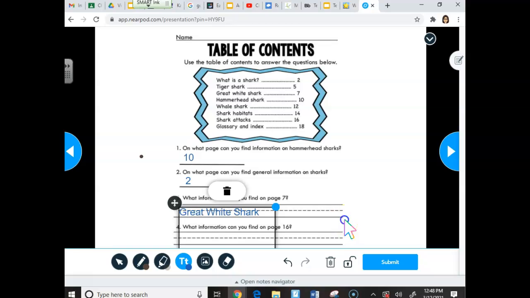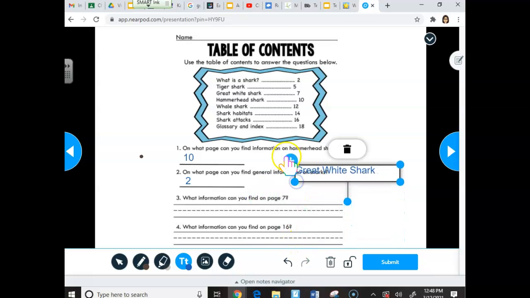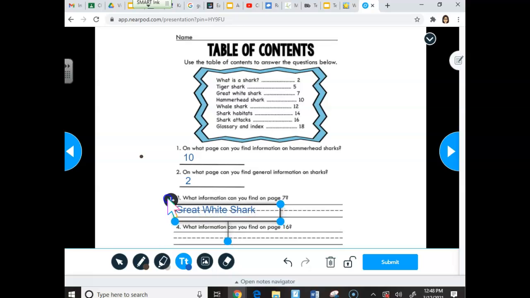Number 4. What information can you find on page 16? Page 16. Let's find it. Page 16 is what? Shark attacks.